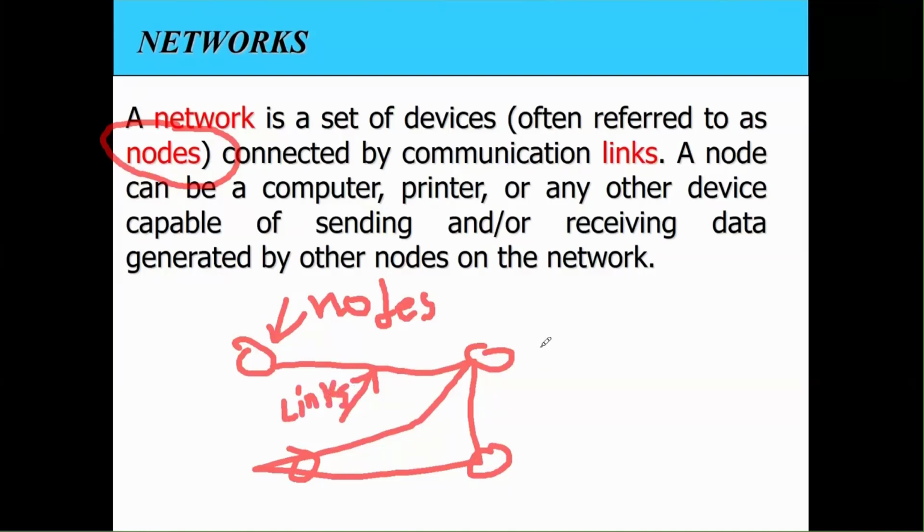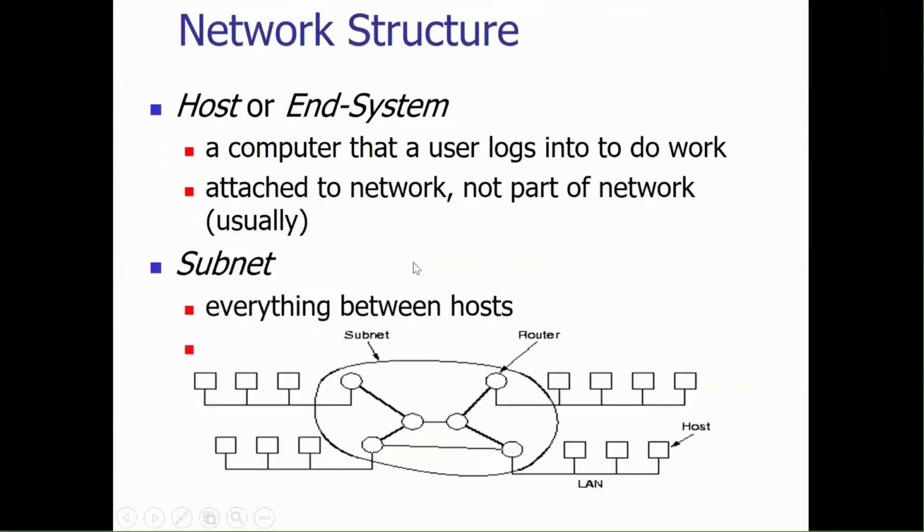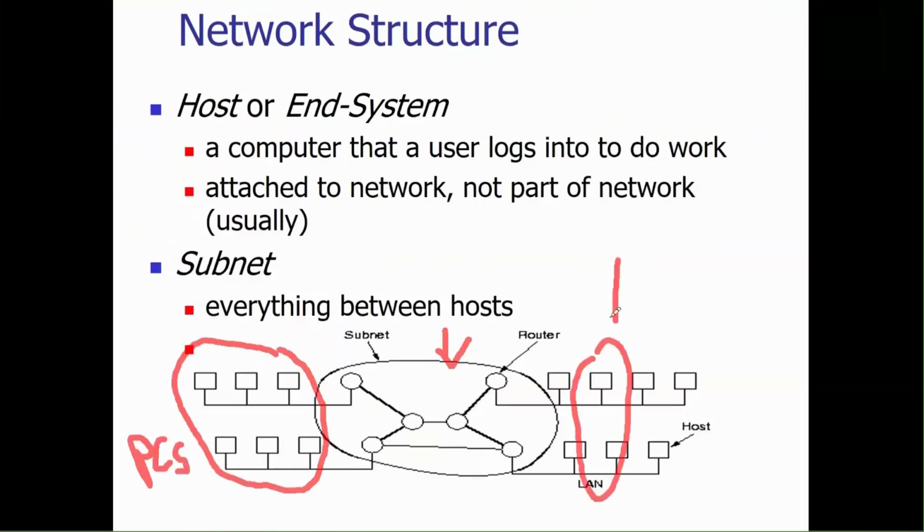So how do we classify networks then? Before we classify them, we define something called a subnet. A subnet is something I was drawing before. These are the computers, the PCs, or the devices, if you want to call them. These are the devices connected to the LAN and so on.